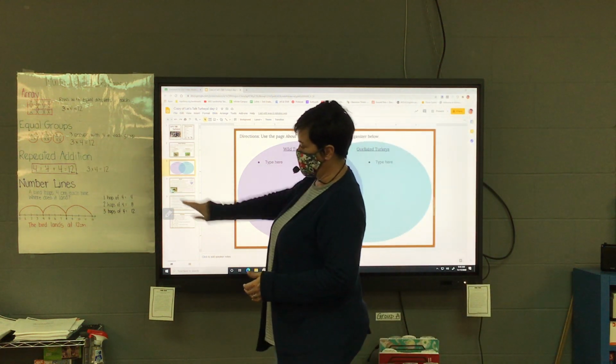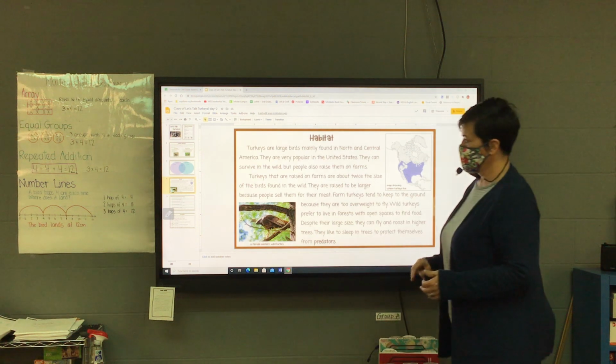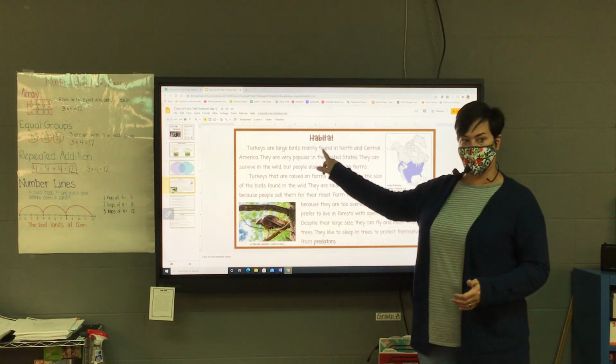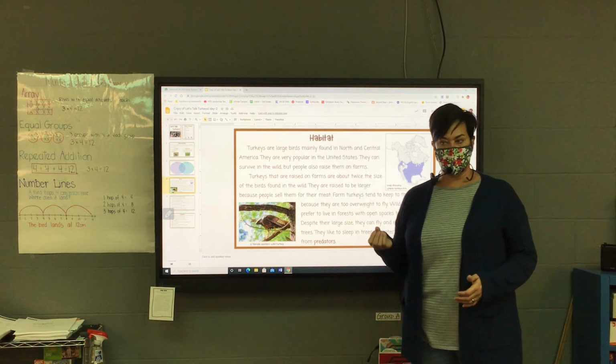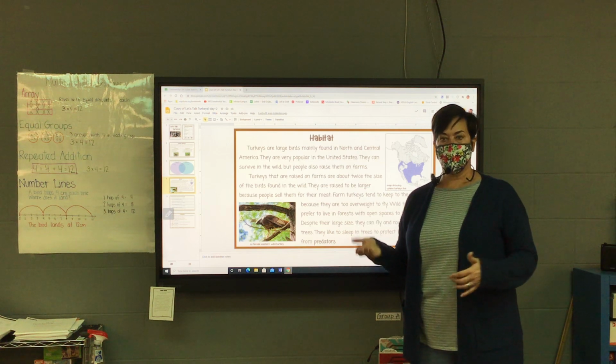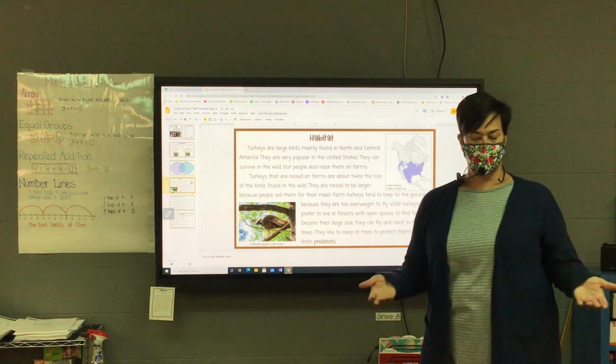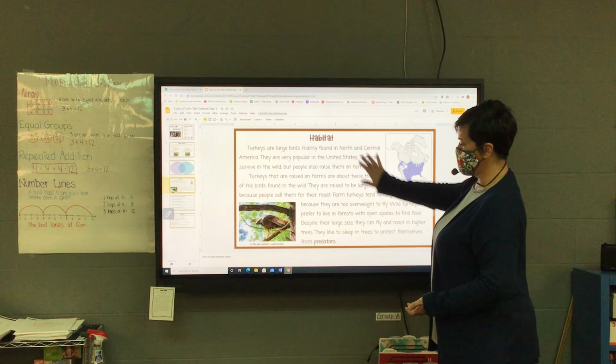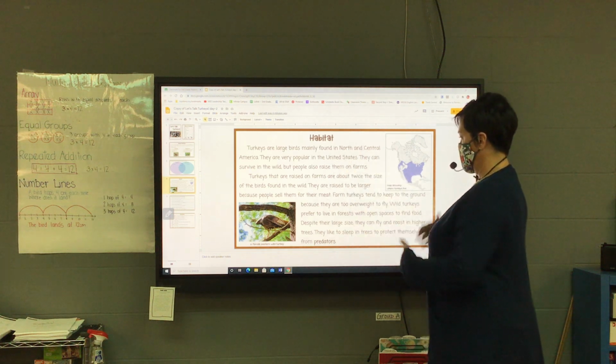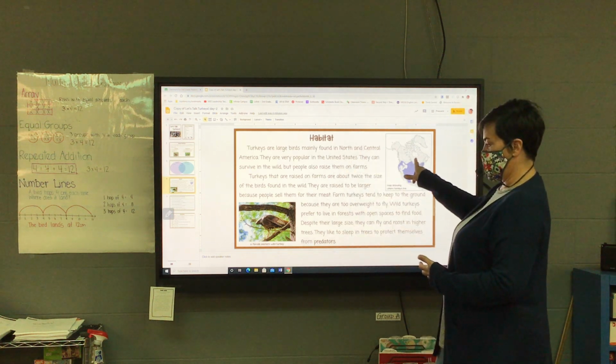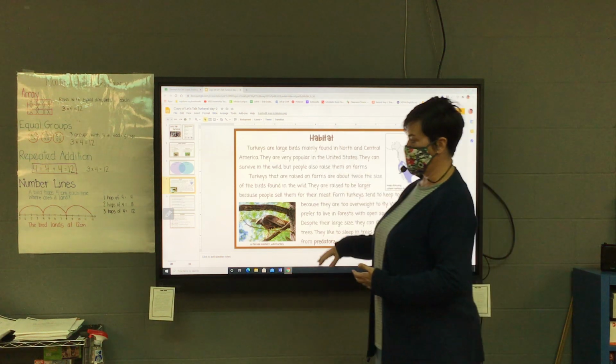Look at slide 4. Habitat. Do you remember we talked about habitat? What does habitat mean? Where they live. So this is going to tell us all about where they live. Shows us a map, gives us other information.